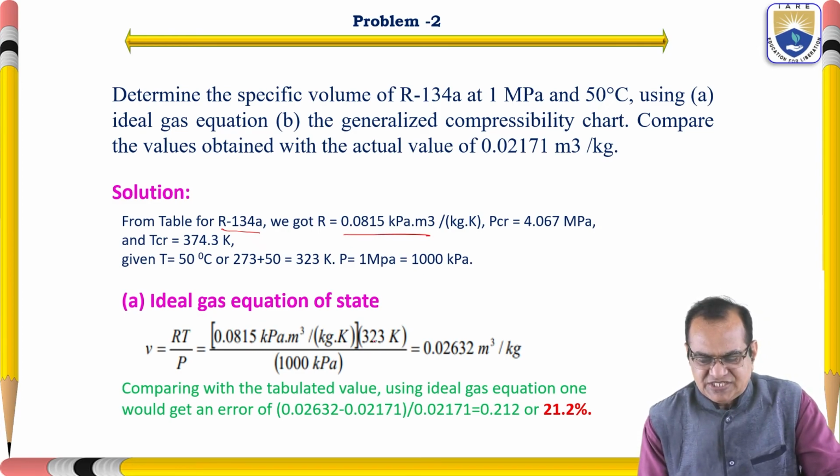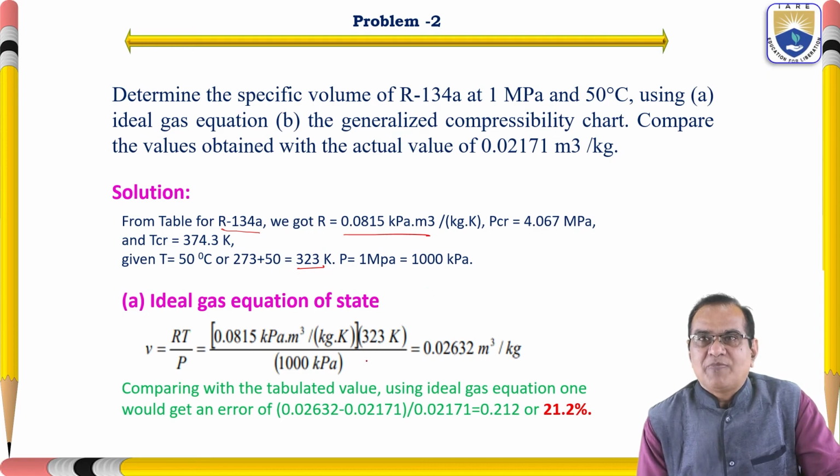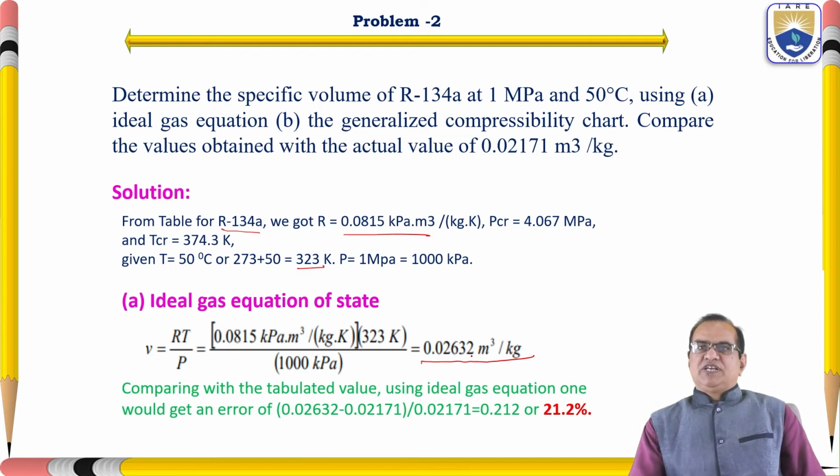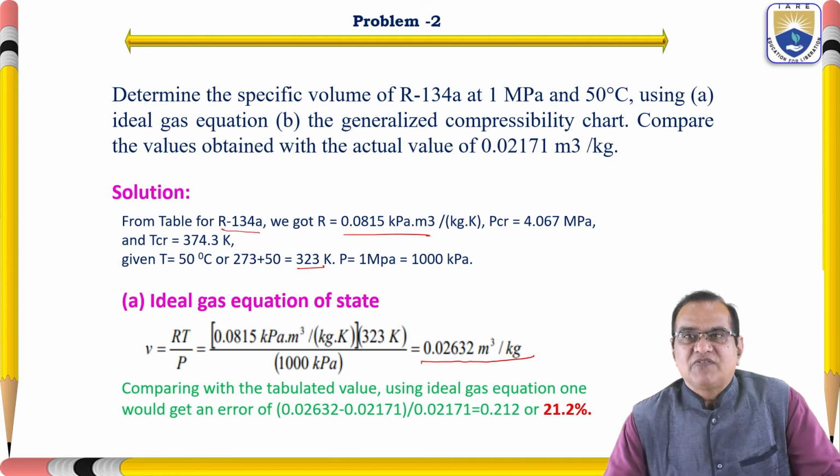RT is 0.0815 into 323, divided by 1000 kilopascal. We will get the specific volume as 0.02632 meter cube per kg. Comparing with the tabulated value, using the ideal gas equation, how much error are we going to get?